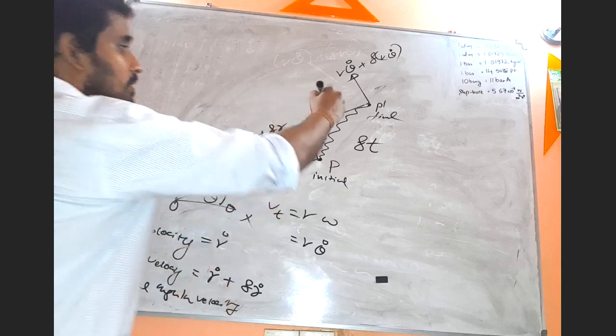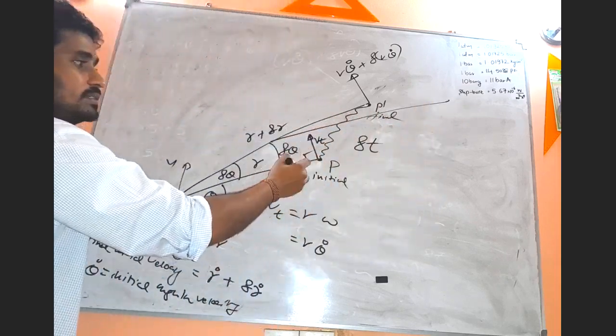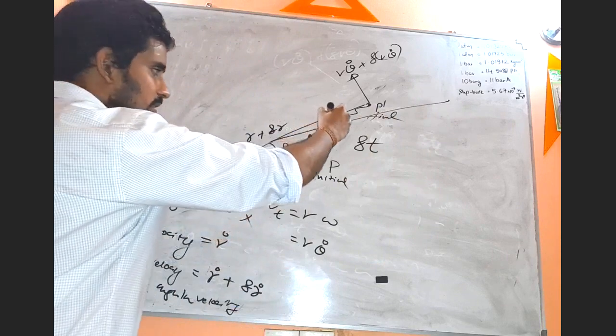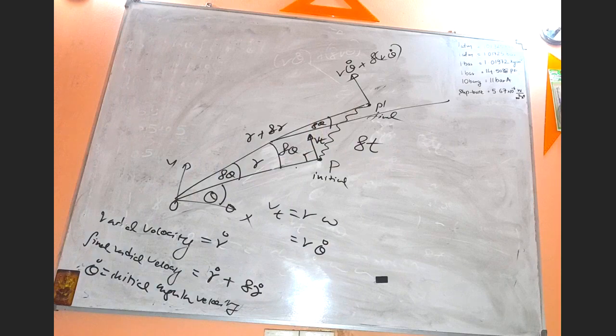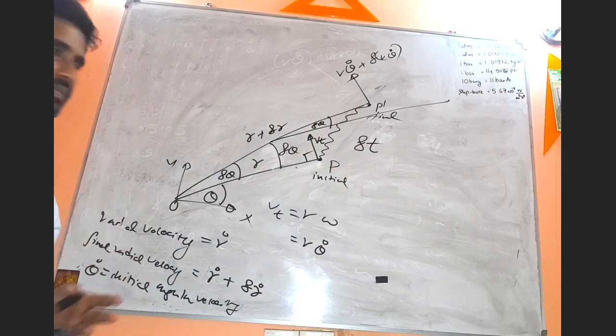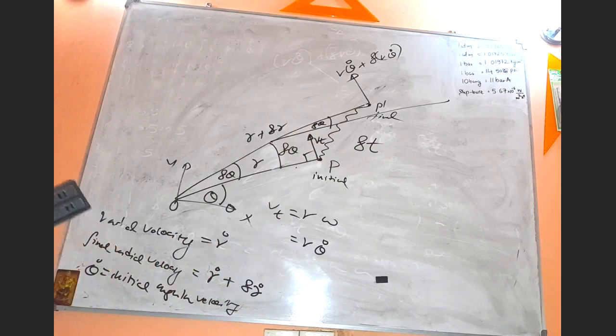So now this line is parallel to the initial line. Then what is this angle? Delta theta. First of all we need to identify this diagram, so now we'll see how to do that.